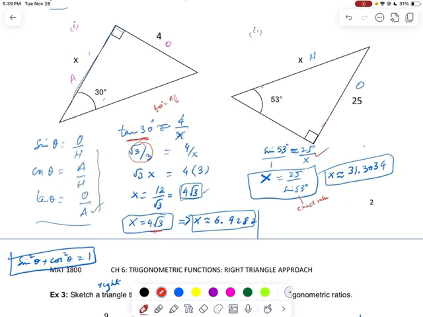So it means sine of 53 degrees is equal to opposite, which is 25, divided by x. So cross multiply and then simplify. We get x is equal to 25 divided by sine of 53 degrees. So this is the exact value.